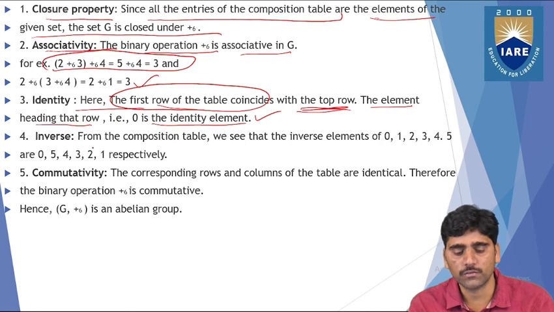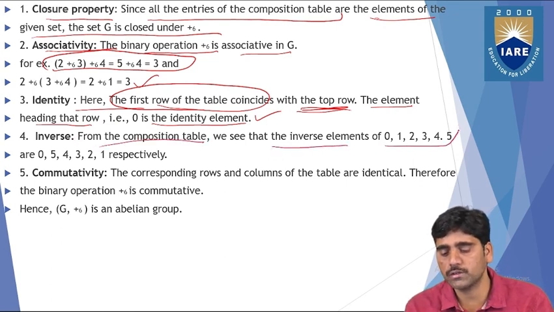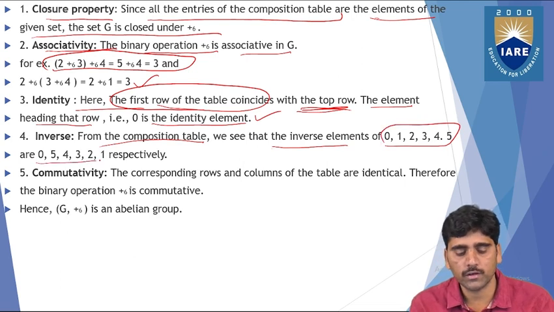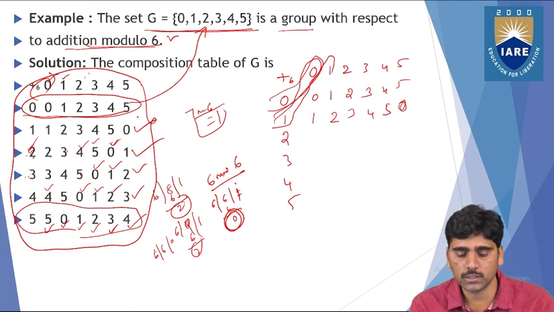And inverse. From the composition table we see that the inverse elements of 0, 1, 2, 3, 4, 5 are 0, 5, 4, 3, 2, 1, because we look for wherever the element 0 appears, and those are the inverse elements of these values. So 0 comes here at the 5th place, here at the 4th place, here at the 3rd place, here at the 2nd place, and here at the 1st place.